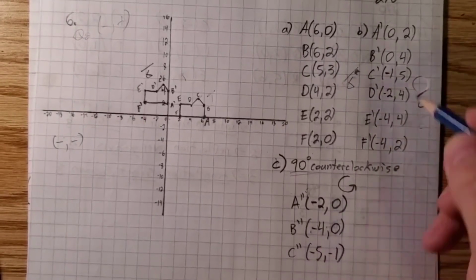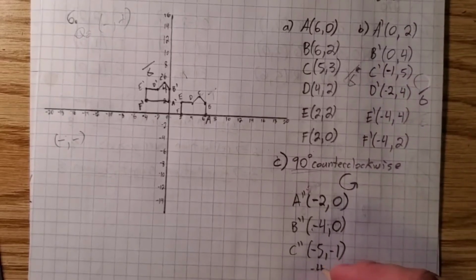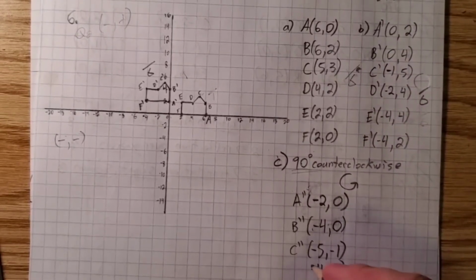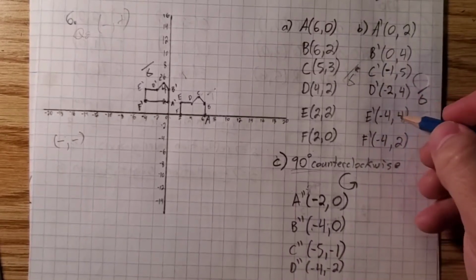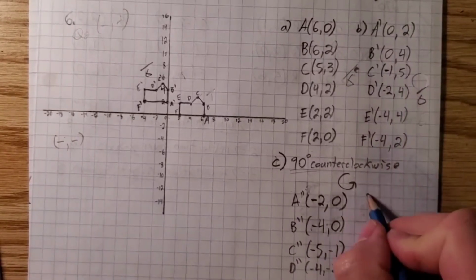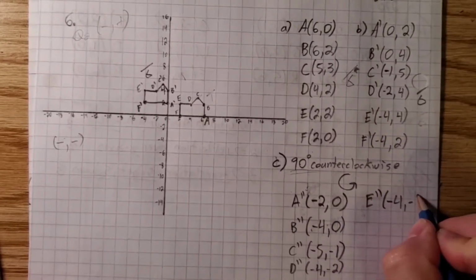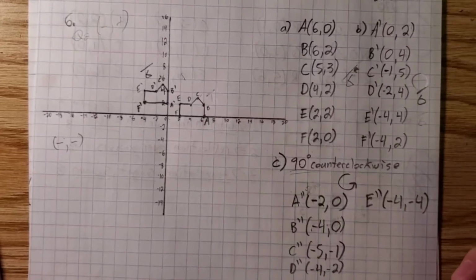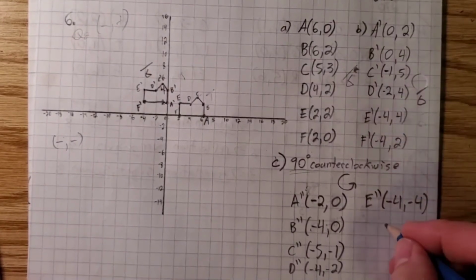It's going to become -2, 4, -2. It's going to become negative, I guess I'll need to move up here so you can see. It's going to become -4, -4. And it's going to become -2, -4.